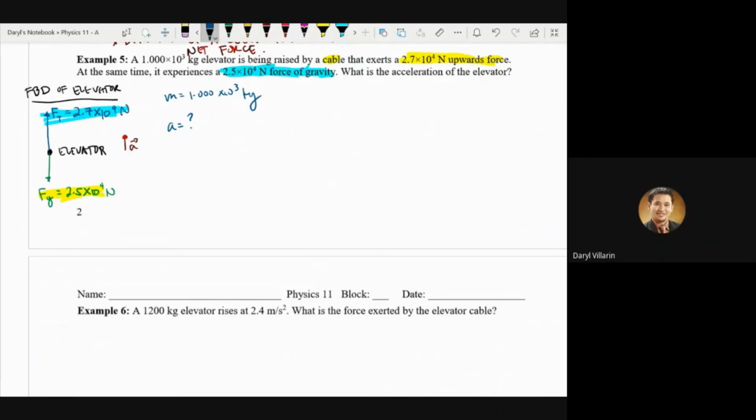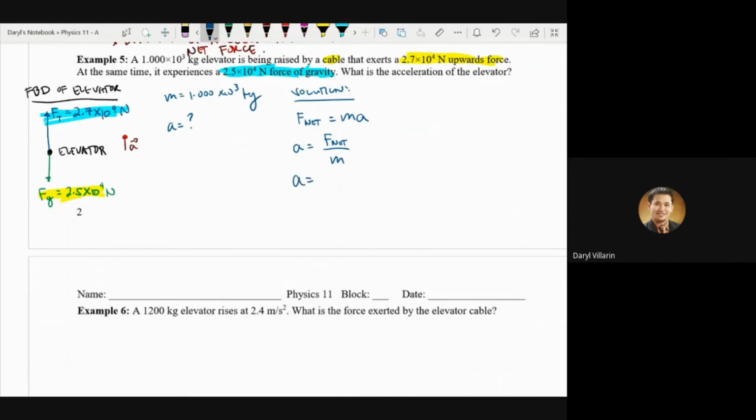Okay, so for my solution here, I'll be using, again, the forces only along the vertical components. So I don't have to place that I'm talking about the Y component. I'll just say that I'm taking the net force on the elevator, and that is equivalent to its mass times its acceleration, or the acceleration is just F net all over the mass.